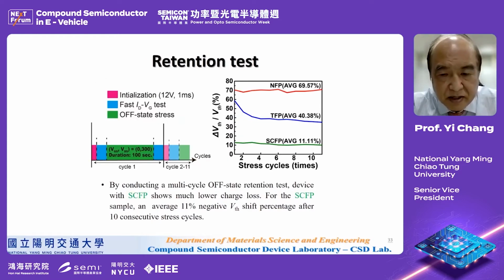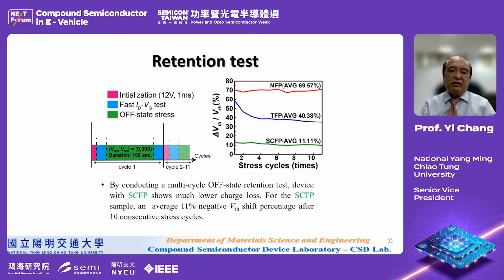By conducting a multi-cycle retention test, the device with source connected field plate shows much lower charge loss. For the source connected field plate sample, an average of 11% negative VTH shift was observed after 11 consecutive stress tests. This means that for the ferroelectric gate devices with the source connected field plate, the performance is very good and also very stable.